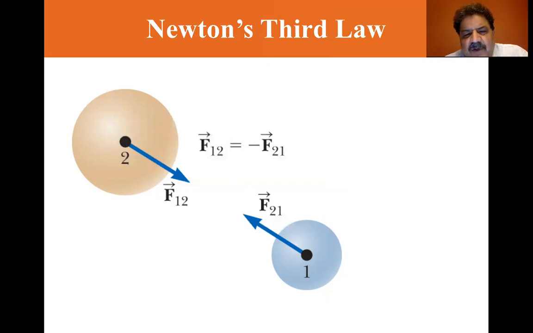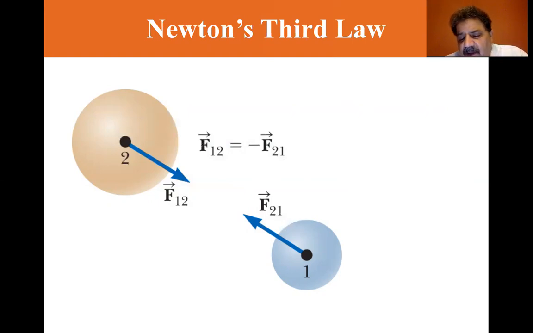If you have a negative charge attracting a positive charge, then you have the positive charge attracting the negative charge. And if we're talking gravitational, then object 1 has a gravitational force on object 2, and object 2 has the same but opposite force on object 1.